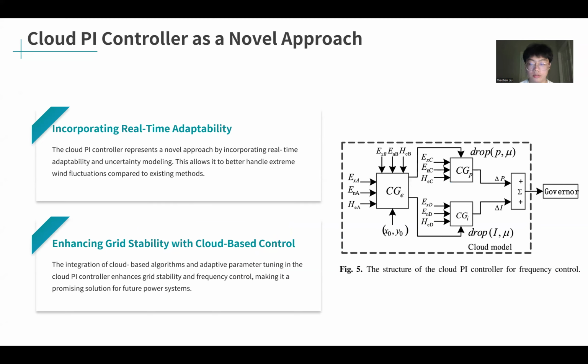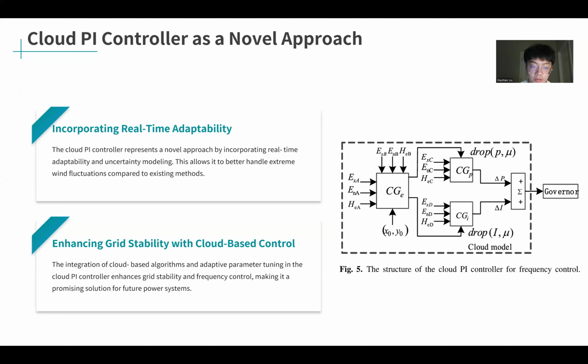The cloud PI controller is introduced as a novel approach, incorporating real-time adaptability and uncertainty modeling. This allows better handling of extreme wind fluctuations.